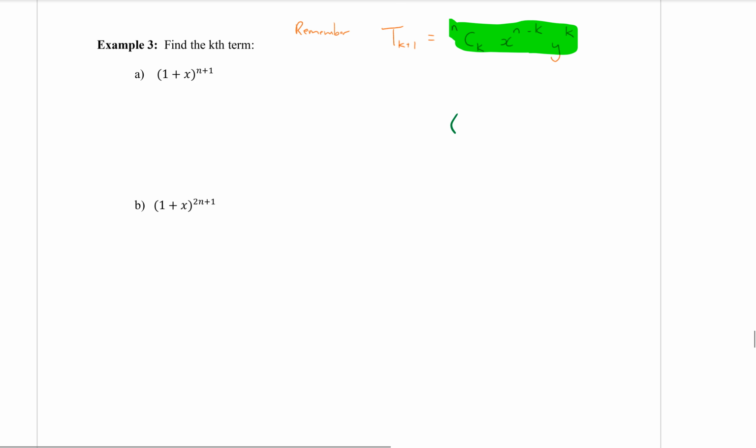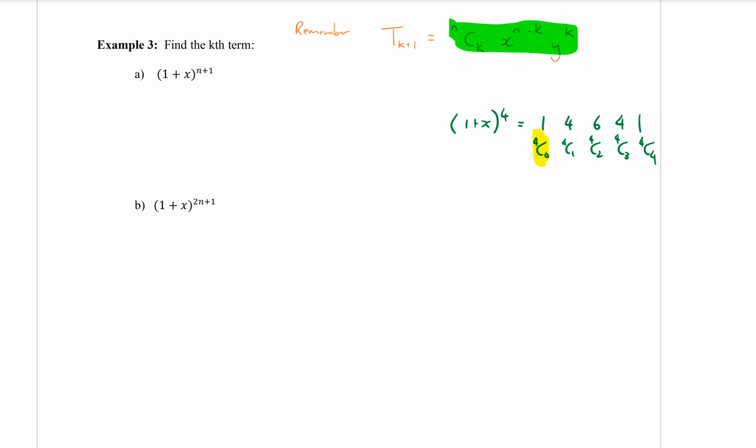So if I was expanding (1 plus x) to the power of 4, the coefficients I would get from that are 1, 4, 6, 4, 1, which we know from Pascal's triangle, but using the combinations, that's 4C0, 4C1, 4C2, 4C3, and 4C4. If I was asking you to find the first term, the first term is 4C0.